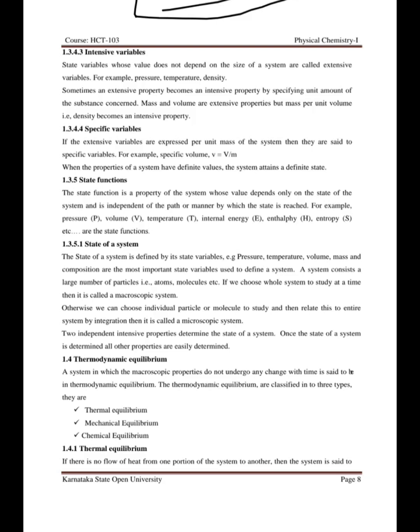So this is with respect to intensive and extensive variables. And next is the specific variables. If the extensive variables are expressed per unit mass of the system, that is known as specific variables.